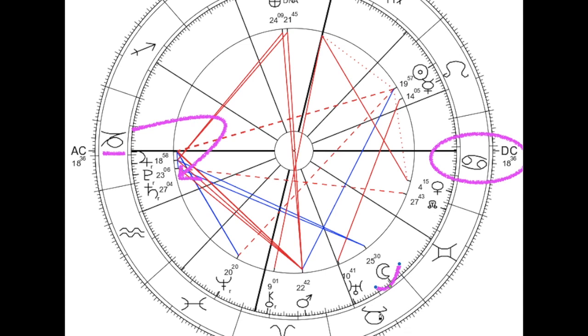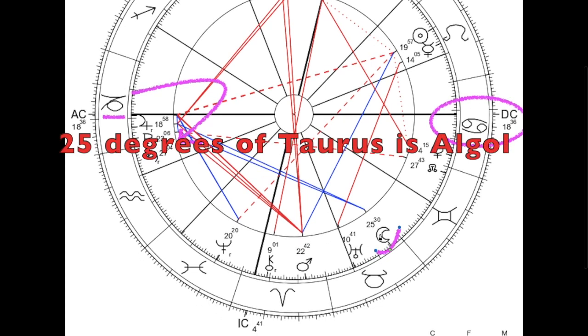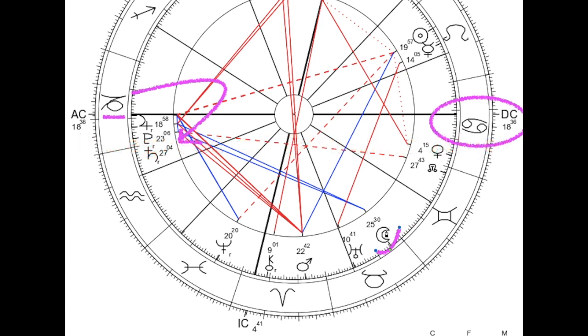The Moon is in Taurus at 25 degrees. This shows me that the suspect has a drinking problem or is an alcoholic, because it is conjunct the fixed star Algol, which interprets to alcohol, and this alcohol makes this person very angry.